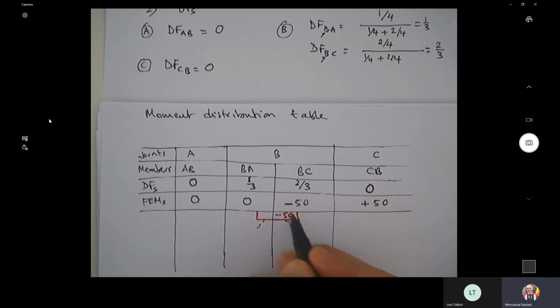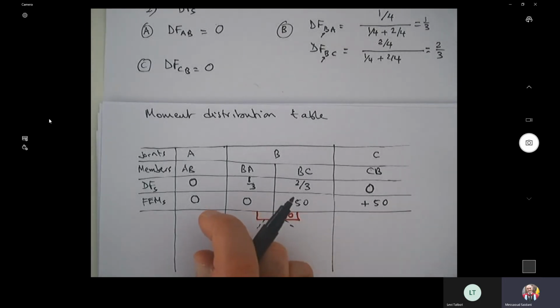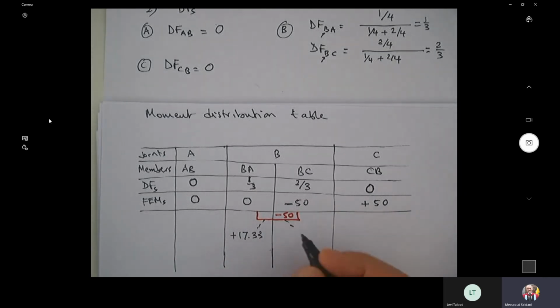So we have 50 times a third. What is 50 over 3? 17.333, isn't it? Yeah. So we have plus 17.33 recurring.